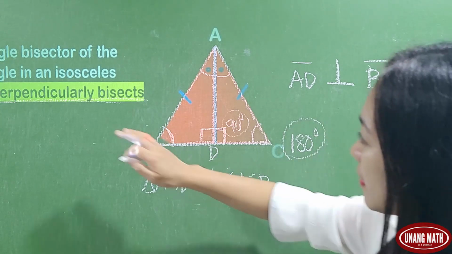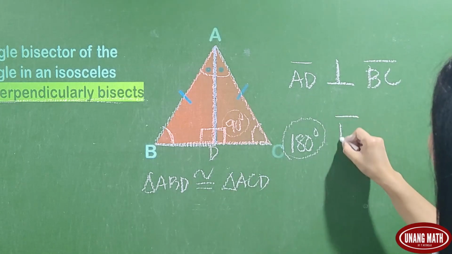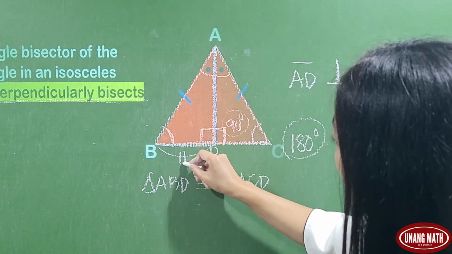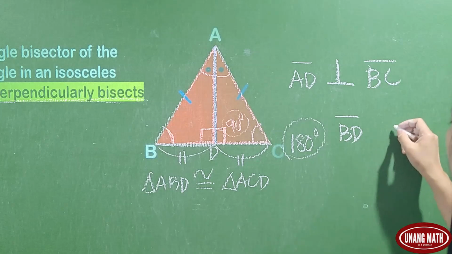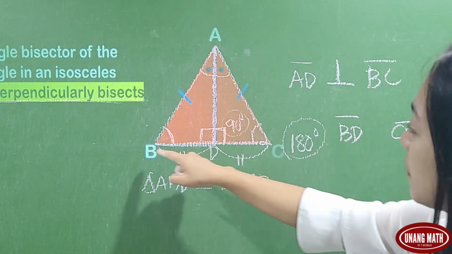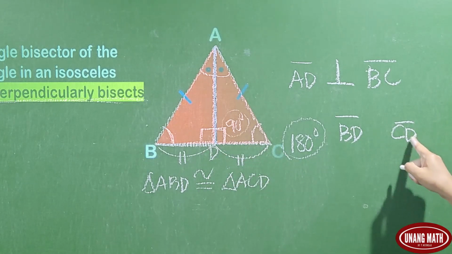So it means segment BD is equal to segment CD.